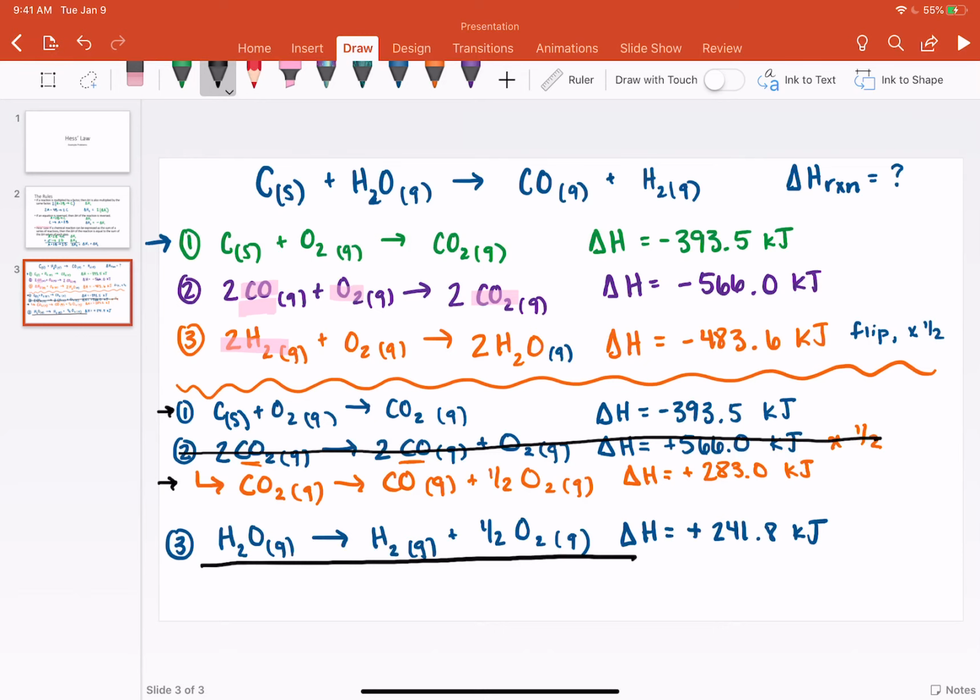So we're going to get carbon plus oxygen. So those are the reactants from reaction 1. And now we're going to do the reactants from reaction 2. So plus CO2, and then the reactant from reaction 3, which is H2O.